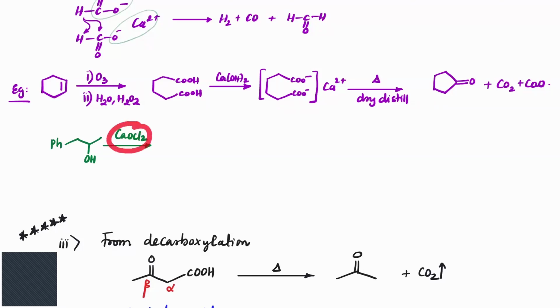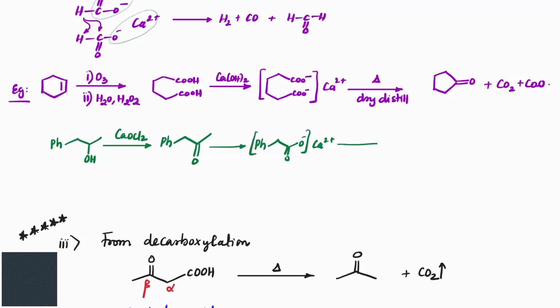When you use bleaching powder, the first thing it does is oxidize the alcohol into a ketone, and this ketone will undergo the haloform reaction because there is a methyl group present here. So that converts it into Ph C double bond O, O minus, with calcium, so a calcium salt will be present.